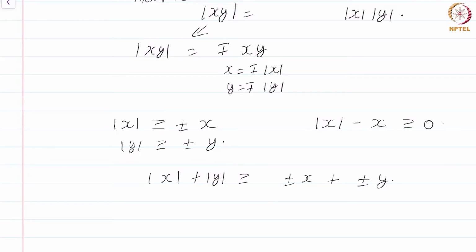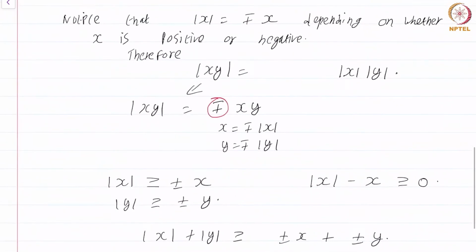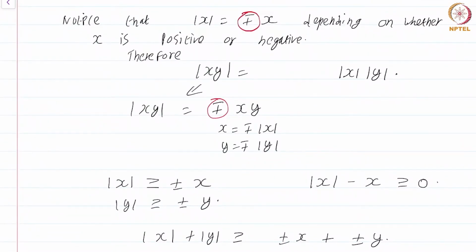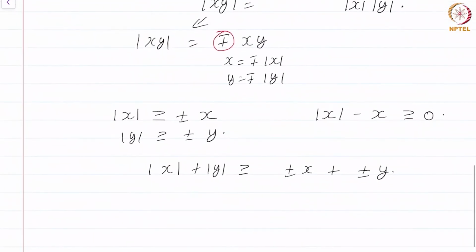First, notice that when I wrote mod xy is plus or minus xy here, or mod x is plus or minus x, I do not mean both possibilities. I just mean that mod x is going to be either plus x or minus x depending on the sign of x. Ditto for mod xy equal to plus or minus xy.